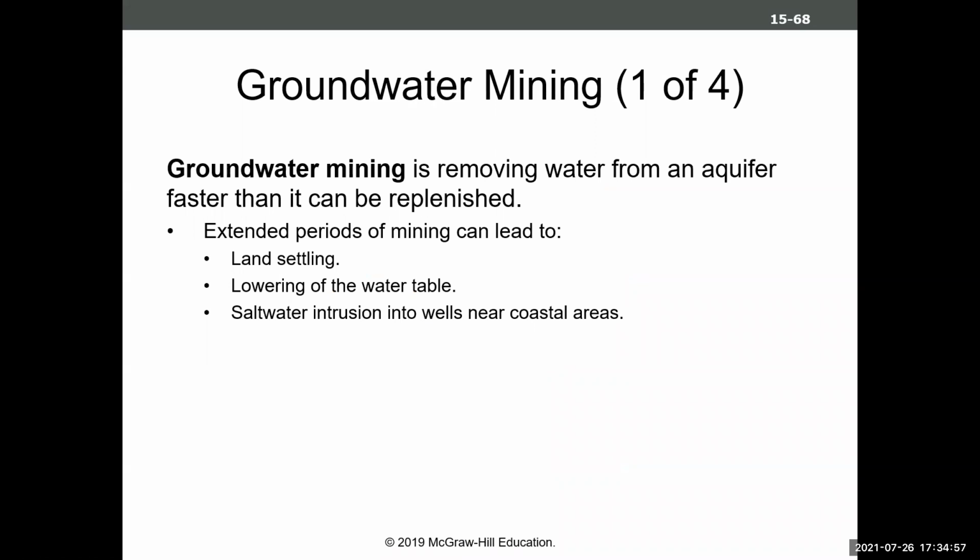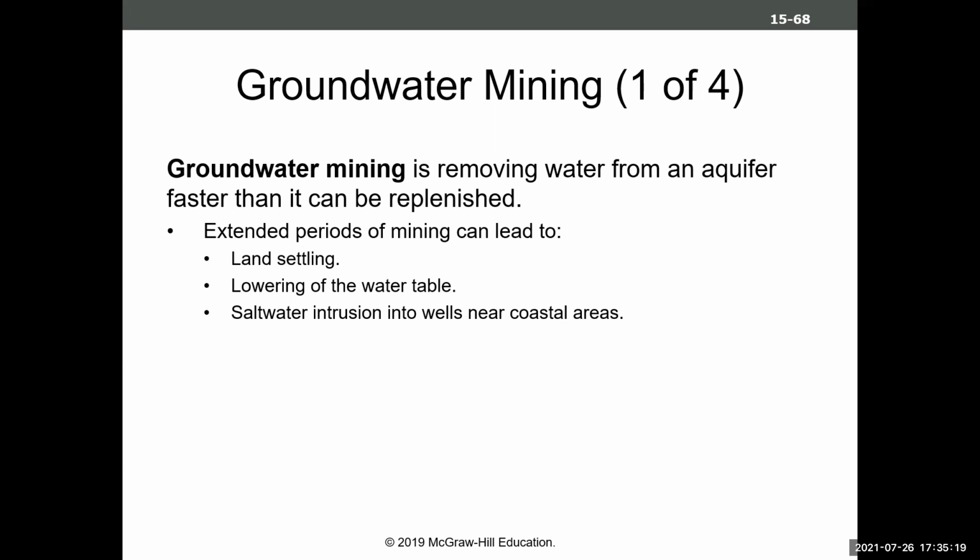Now, sometimes we over harvest water and we remove it from an aquifer faster than it can be replenished through groundwater recharge.